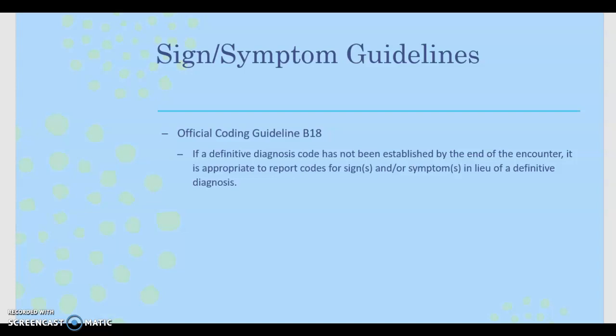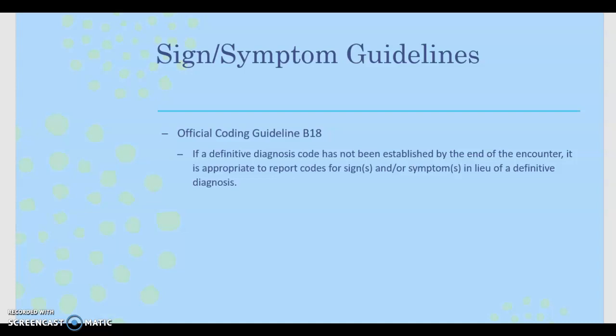Remember, the coding guidelines tell us that if a definitive diagnosis code has not been established by the end of the encounter, it is appropriate to report the code for the sign or symptom in lieu of a definitive diagnosis. Let's say a patient comes in with abdominal pain, and the physician is not able to determine the cause.